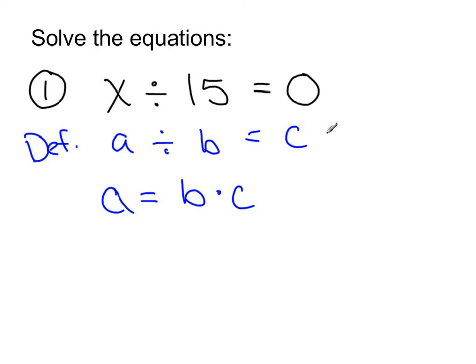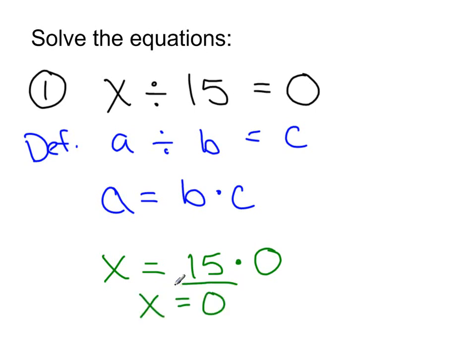So that was our definition for division. So what I'm saying is x here is going to equal 15, and I already gave you the ending result of this division, times 0. Well, 15 times 0 is 0, so x must be 0.